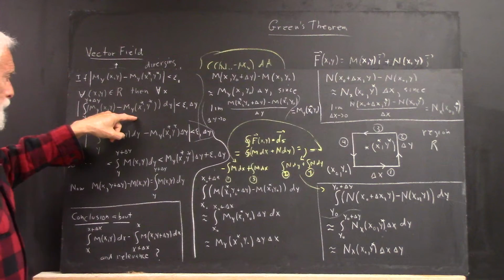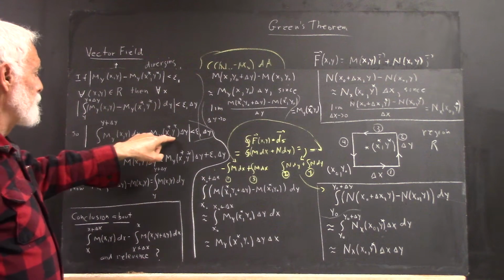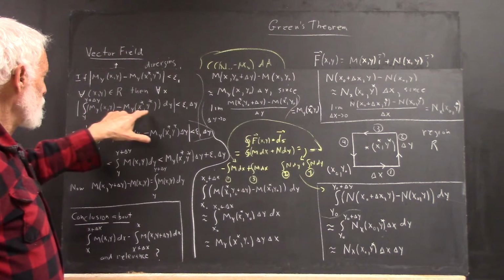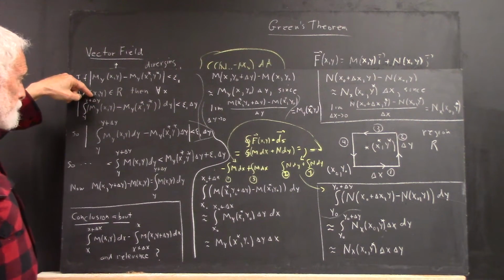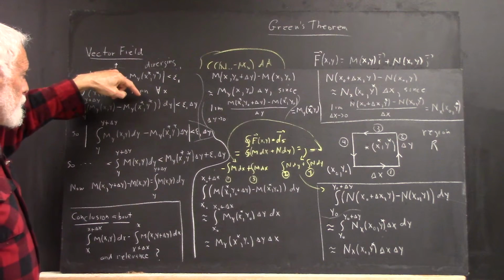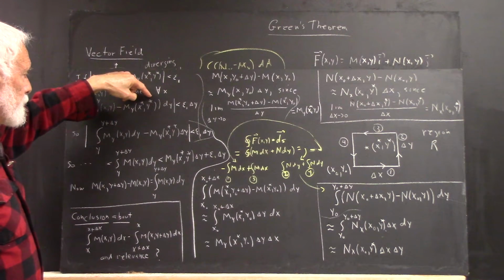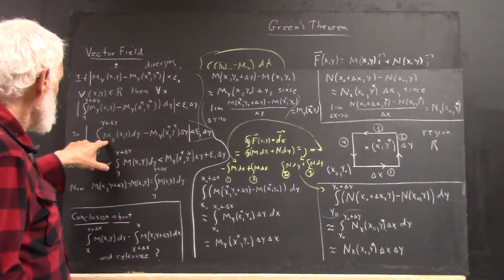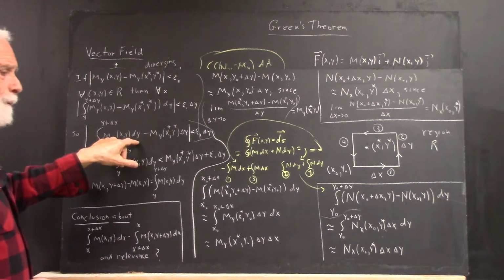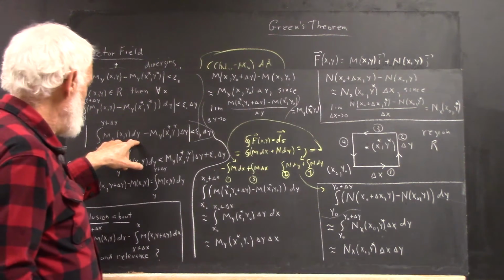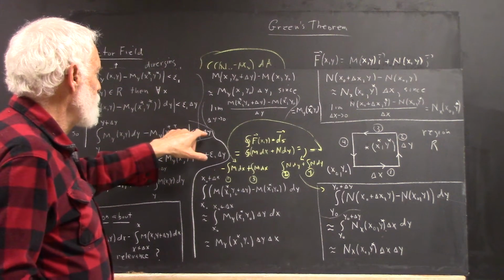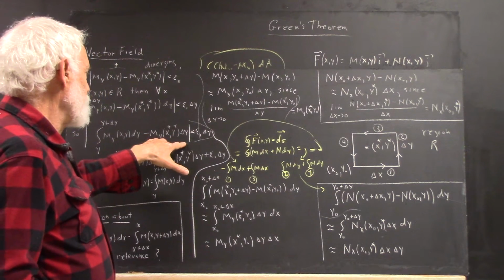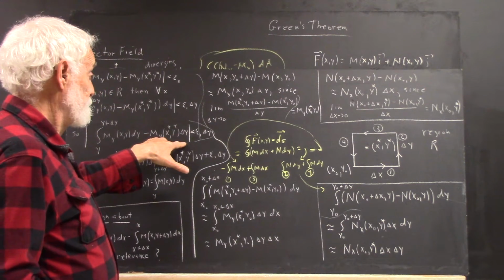This m_y(x*,y*) delta y then represents the integral of this over this interval. The m_y(x*,y*) being constant, its integral over the interval of length delta y is just this. So the integral of m_y(x,y) dy has to be within plus or minus epsilon 1 delta y of the product m_y(x*,y*) delta y.